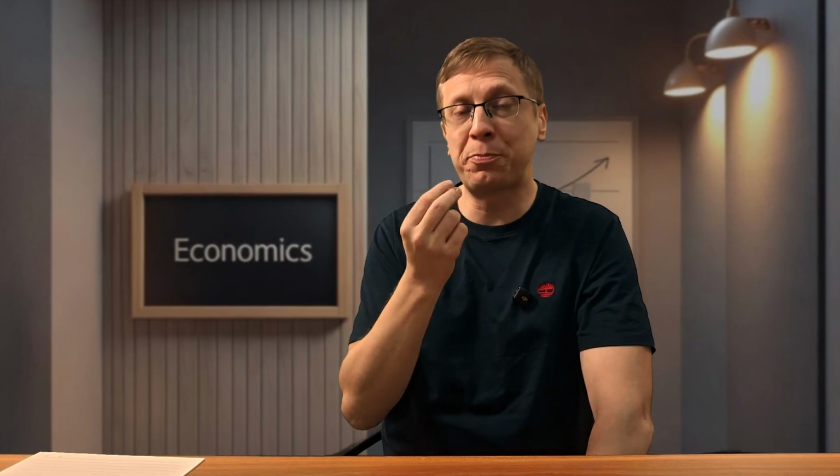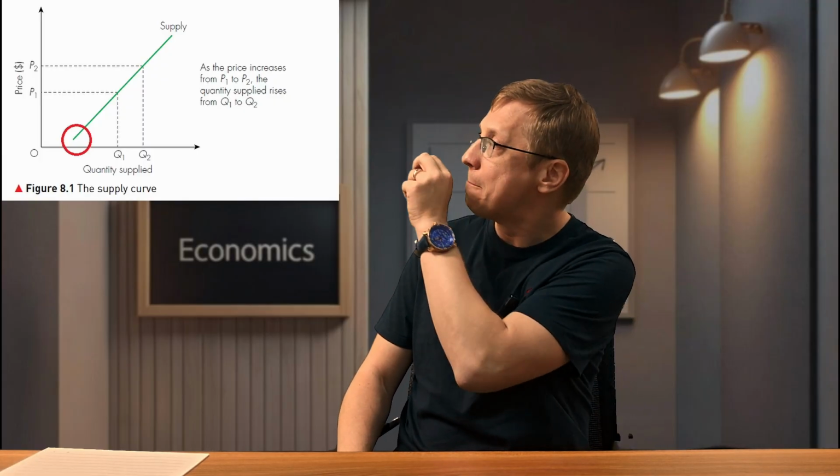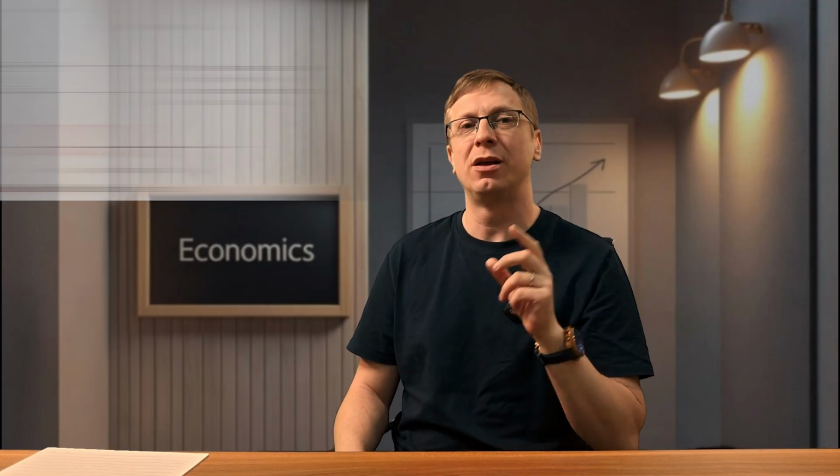It's not. And let me explain. No firm produces just for fun. A producer will not supply a product if the price does not cover at least minimum costs. That's why, in reality, the supply curve does not start from zero, it starts from the break-even point. So remember that visual simplicity is a teaching shortcut, not reality.